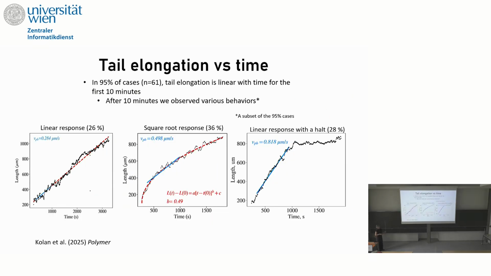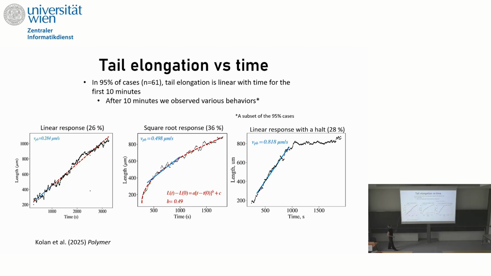These are the results we got for the elongation of the tail of the phase boundary for 61 experiments. Out of these 61 experiments, 95% of them showed a linear response with time for the first 10 minutes. But after that, we saw 3 different behaviors. It was either a total linear response, or a square root response, as you can see in the middle, or a linear response with a halt.